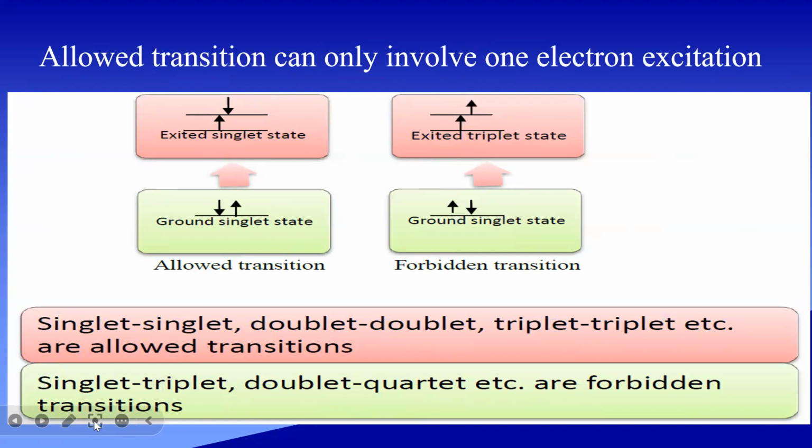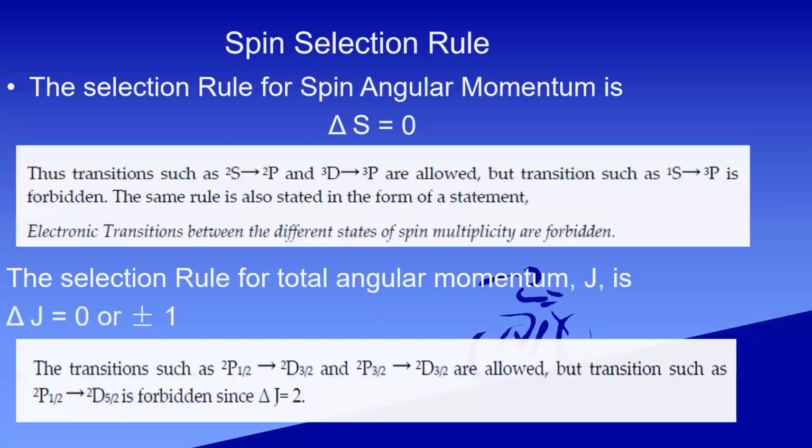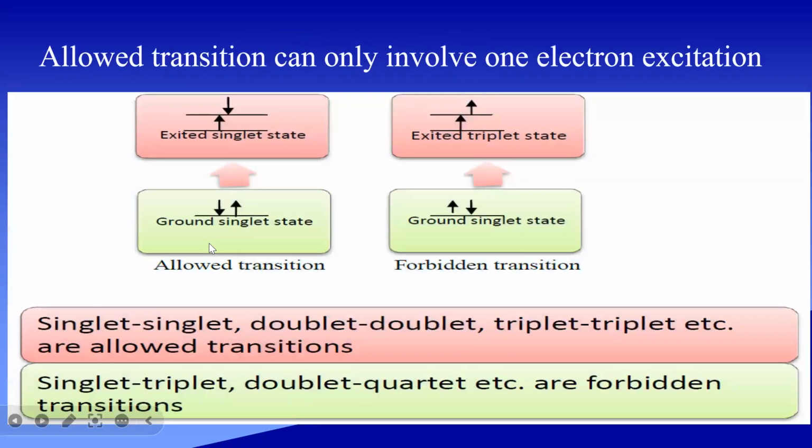That is, the allowed transition can only involve one electron excitation. That is, singlet to singlet, doublet to doublet, triplet to triplet are allowed transitions. Singlet to triplet, doublet to quartet are forbidden transitions.